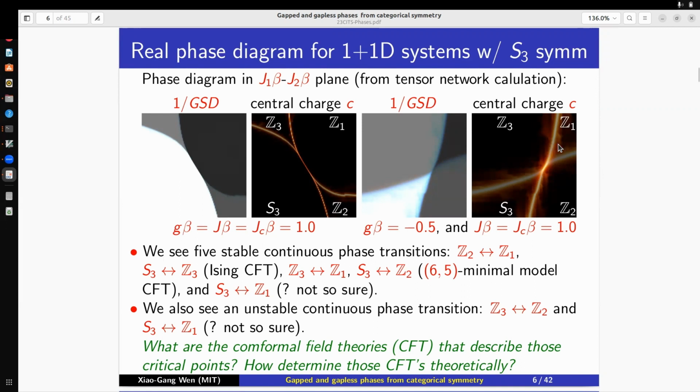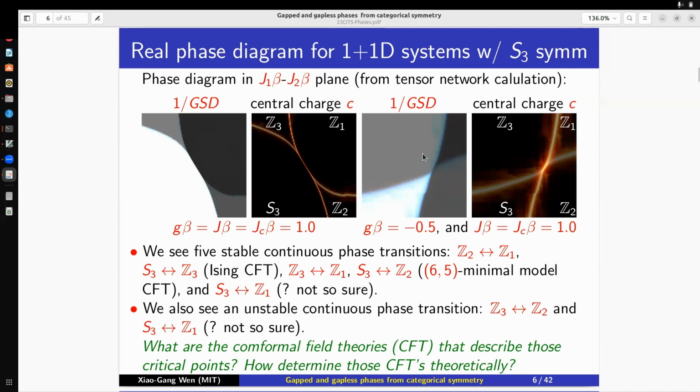But then again, the numerics, do you believe in numerics or not? This looks like a multi-critical point. Or you may say there's a small segment of stable continuous transition separating Z3 and Z2. And I think this is the multi-critical point.